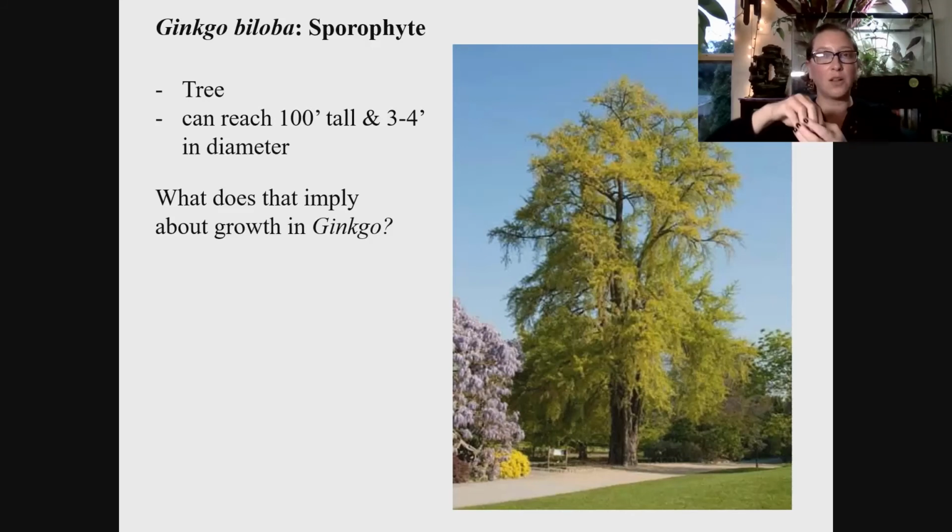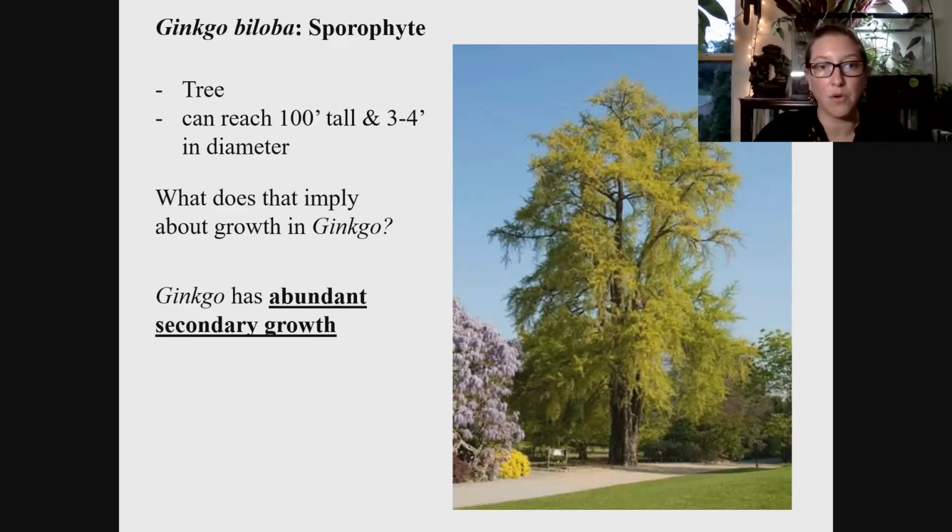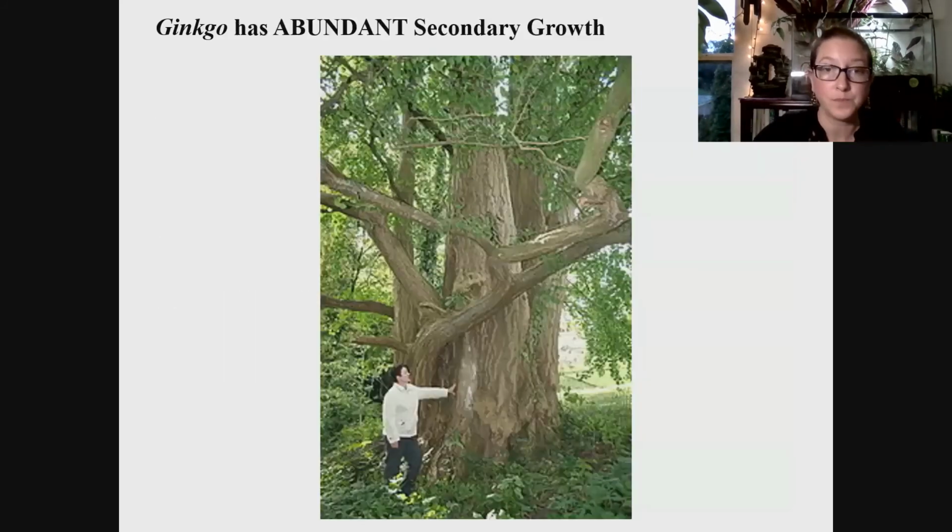Not only does it get really tall, but more importantly, it gets really wide. The stem gets super wide. Ding, ding, ding. Thinking about growth, it has abundant secondary growth, right? Because that's the type of growth you need for widening. Look at that. Wow, wide. Same slide we saw during that stem lab.